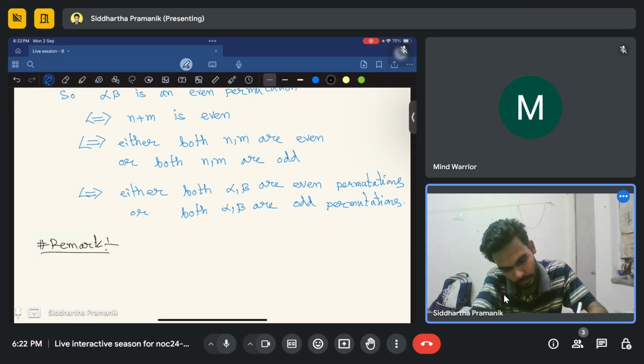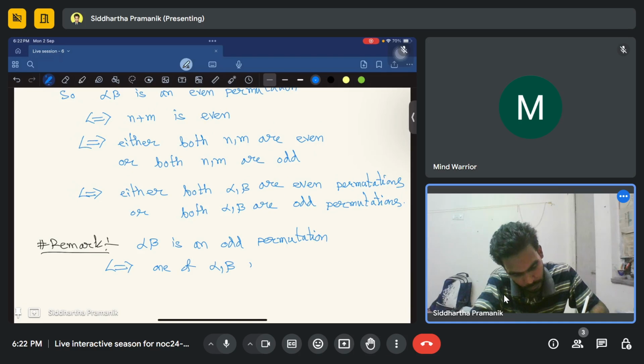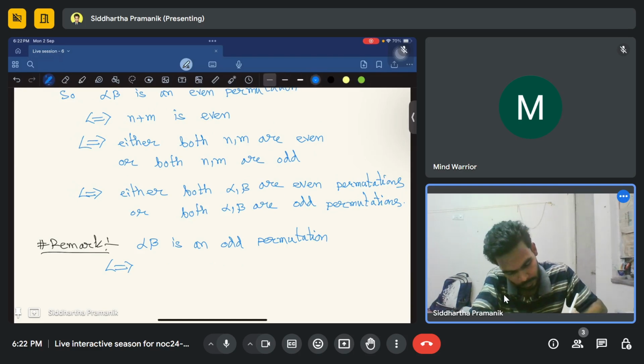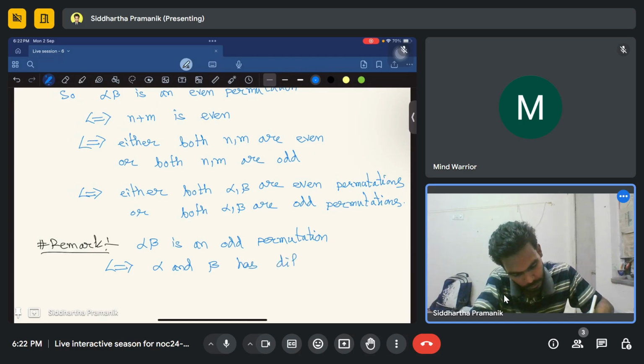So alpha beta is an odd permutation if and only if alpha and beta have different signs.